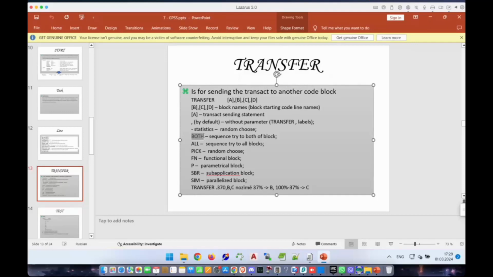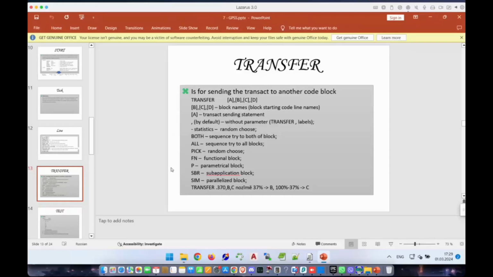If we have some value between 0 and 1, that will mean that with that percentage of chance, we will pull the transact to the next line.